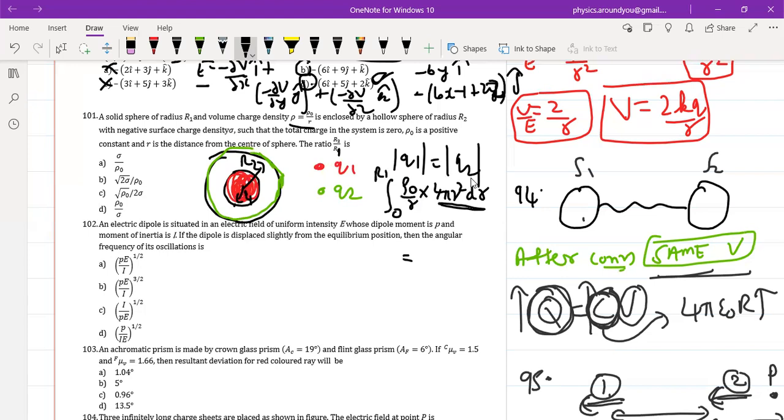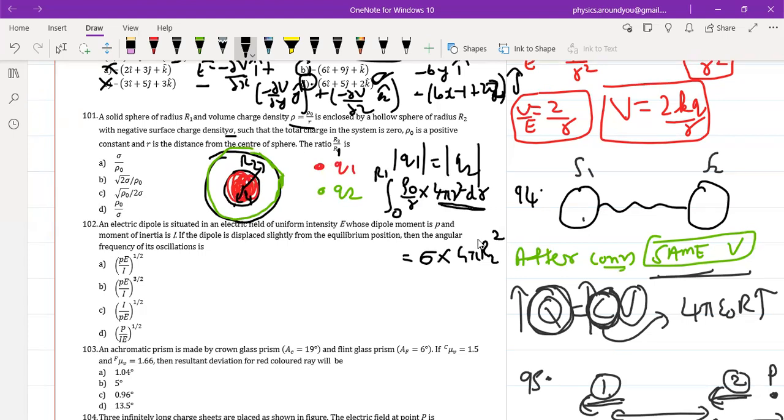And what is Q2, charge on the outer one? See, charge on the outer one is a constant, sigma. It is not varying with surface. So charge on the outer one is sigma into surface area of the outer sphere, which is 4 pi r2 square.